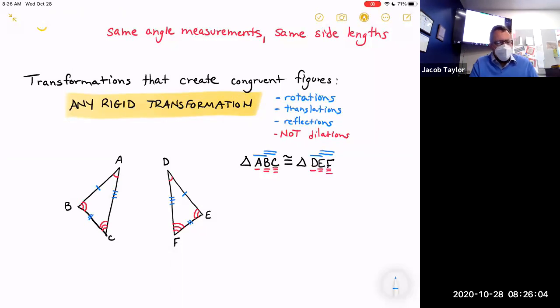So here's my question. Do I need to know all of the parts to know that triangles are congruent? Maybe 1 or 2? What's the smallest number of pieces you think I would need to know in order to prove triangles are congruent?